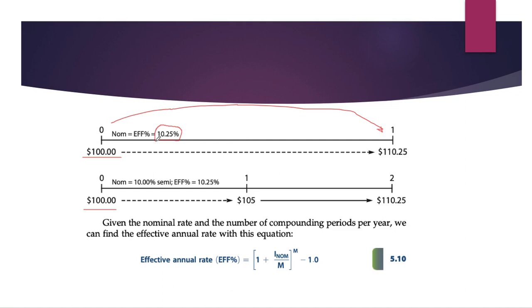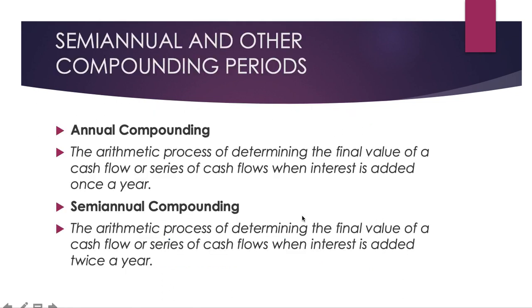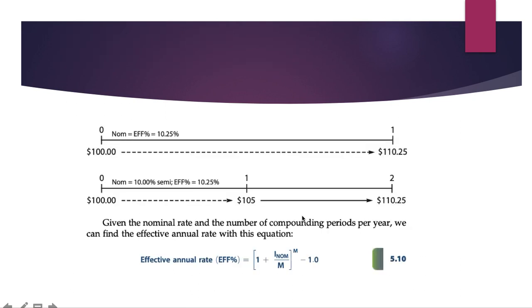But if we are doing the semi-annual compounding, we need to calculate the effective annual rate, according to this equation given here.